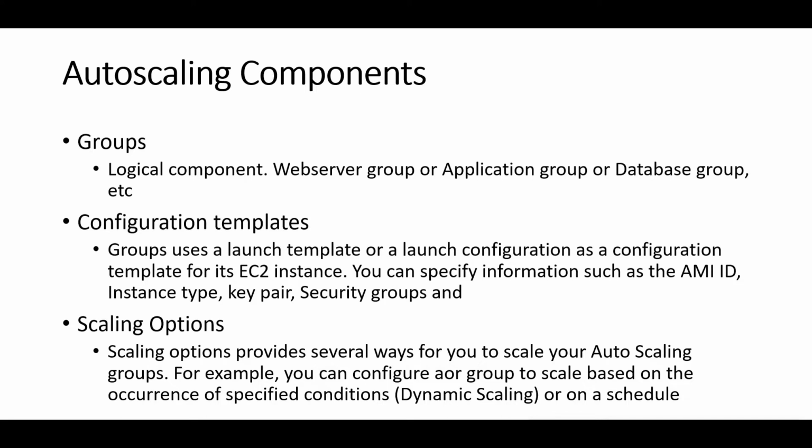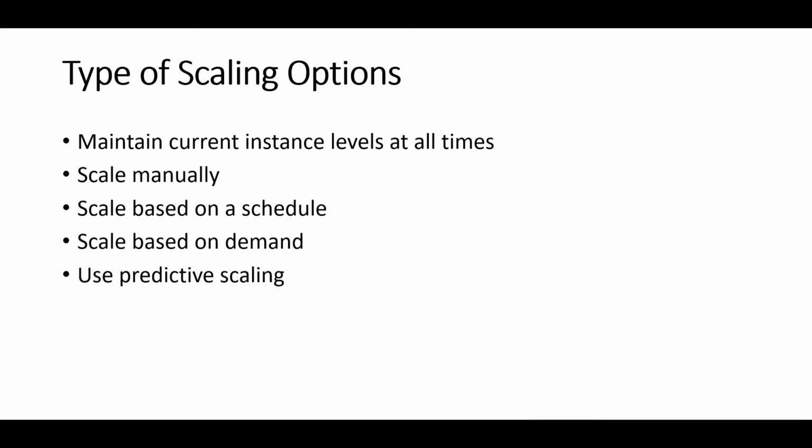So what all scaling options do we have? We have maintain current instance levels at all times. We can scale manually. We can scale based on a schedule. We can scale based on demand. We can use predictive scaling. So let's go ahead with each and every scaling option.